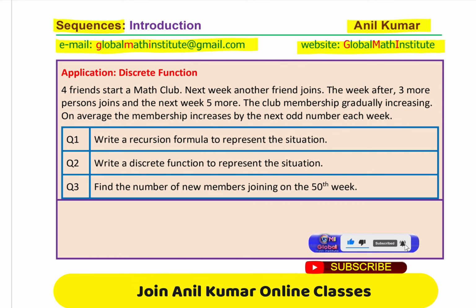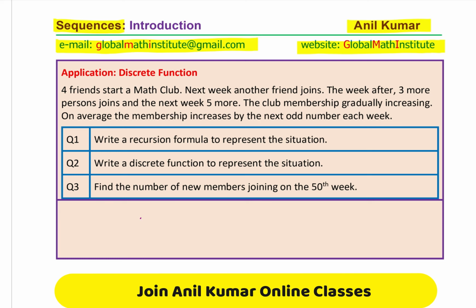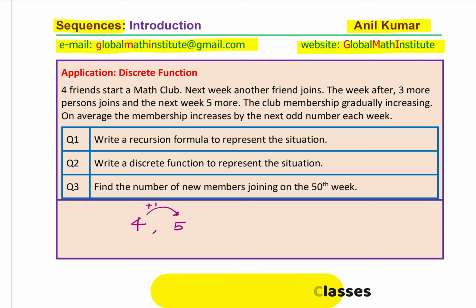So let us try to understand the situation before we enter into its solution. The math club is formed with 4 friends and then 1 joins, so 4 becomes 5. And then the week after, 3 join.